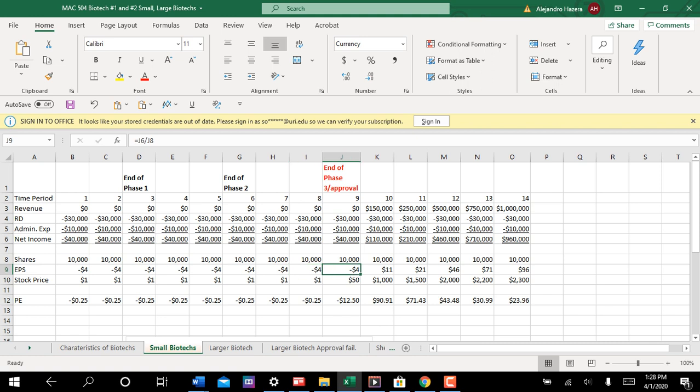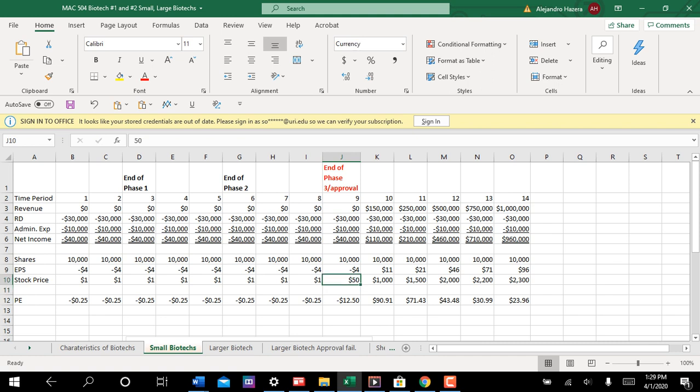The earnings per share in the third phase, let's say, remain at negative $4. That may change a little bit, but it would remain negative. But the stock market will start anticipating that it'll be approved, and the market starts driving the price up. Went from $1 here to $50. Starts driving the price up before the company starts making positive earnings, which is that year.